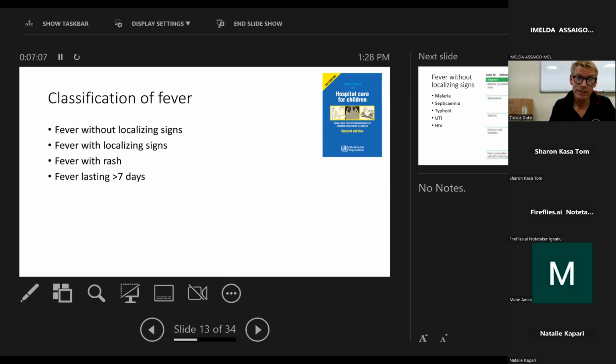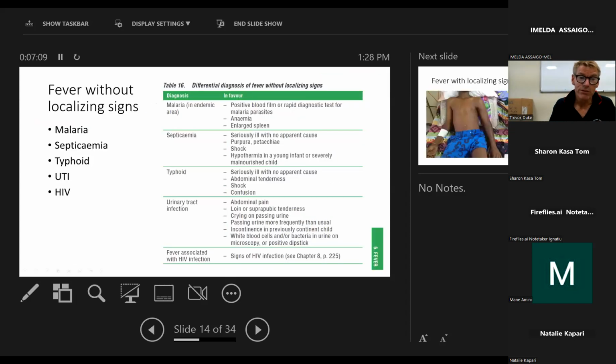Okay. But if we take them individually, fever without localizing signs, in the hospital care for children book, includes things like malaria, or septicemia, or typhoid, or urinary tract infection, or HIV. Generally speaking, these children have fever, but they might not have a localizing sign.